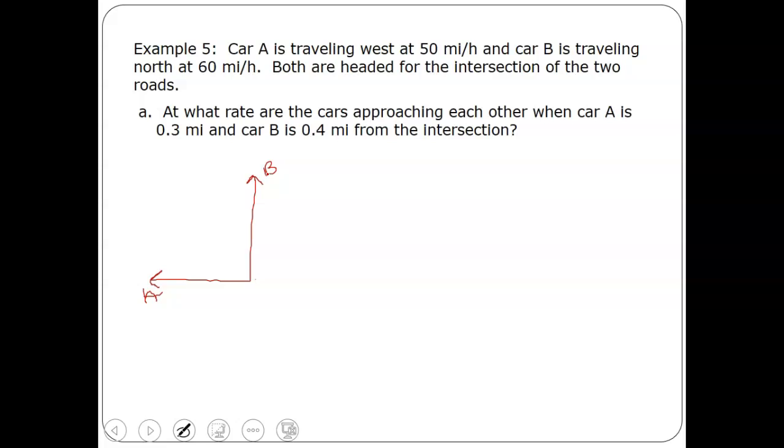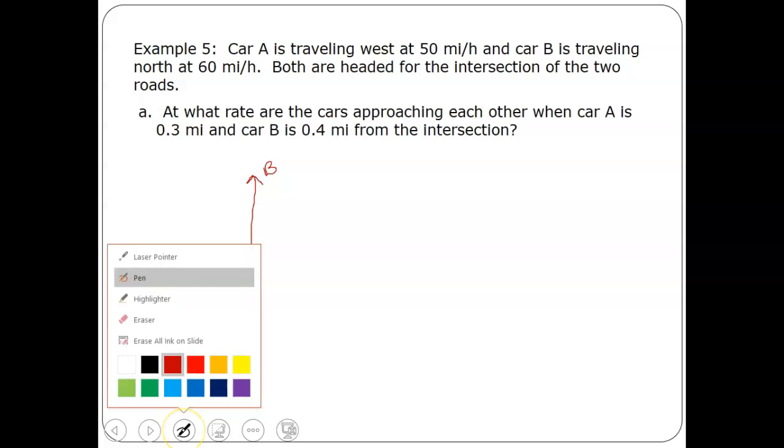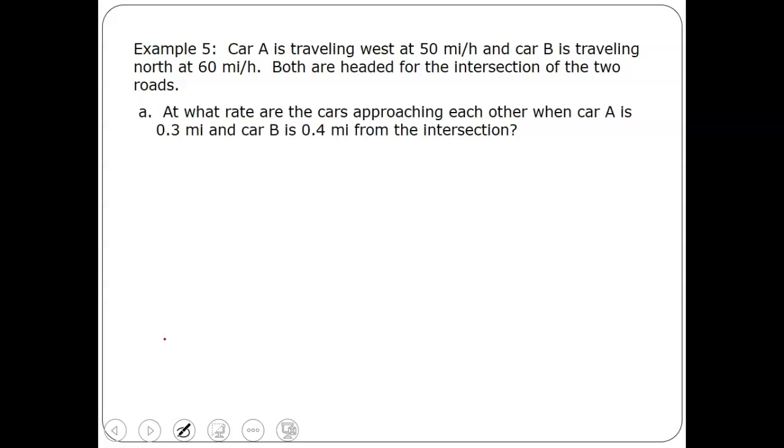Oh wait, I should have read that they're headed for the intersection. So car B is coming from the south towards the intersection. Car A is traveling from the east to the intersection. So they're going to meet at a point.